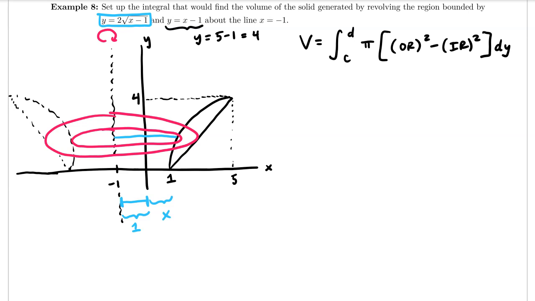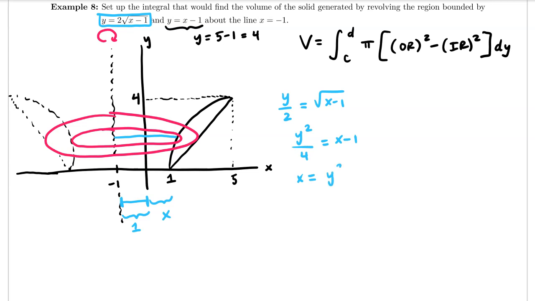I'm going to divide both sides by 2. If we do that, we get y over 2 is equal to the square root of x minus 1. From there, I'm going to square both sides. So I'd get y squared over 4 is equal to x minus 1. And then I can add 1 to both sides.